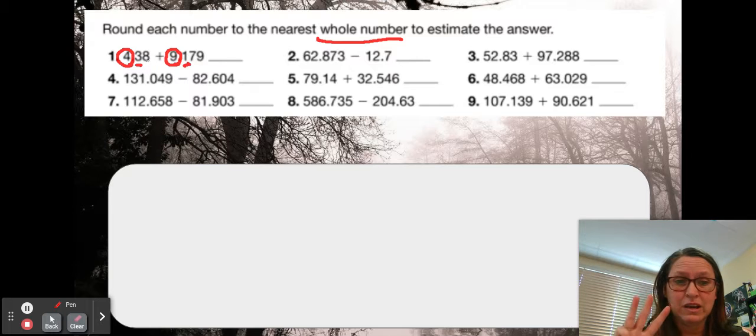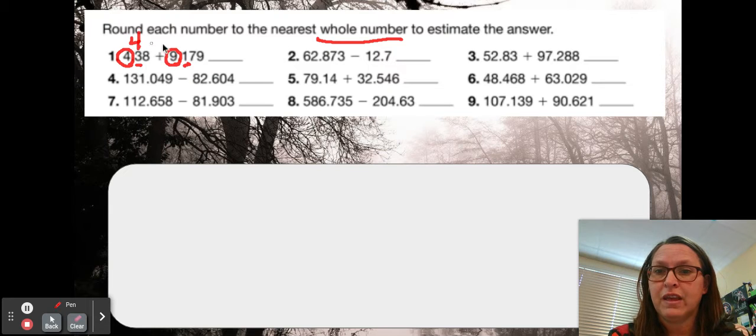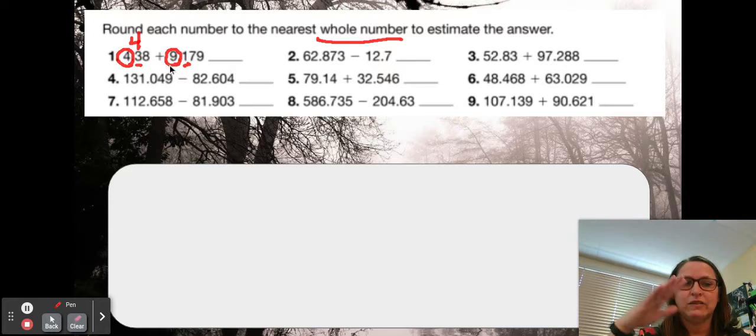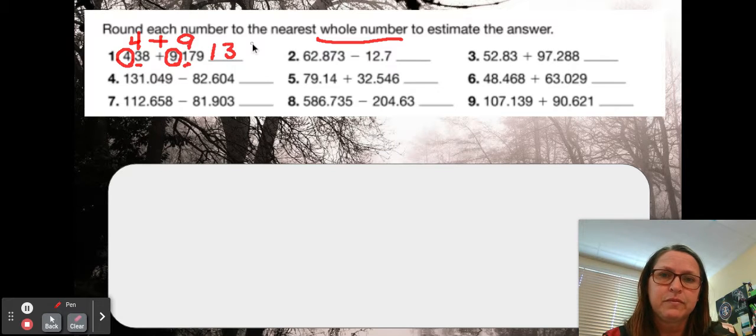If I'm looking at 3, it is under 4 or less, let it rest, so my 4 stays a 4. And 9.179 is also in that category, 4 or less. 0, 1, 2, 3, and 4 are the numbers. Let it rest, so my 9 stays a 9. So 4 plus 9 would equal 13.